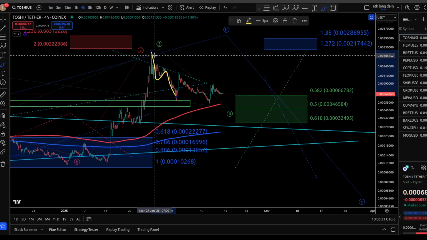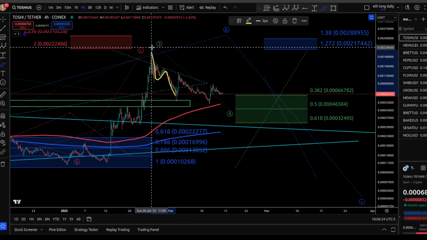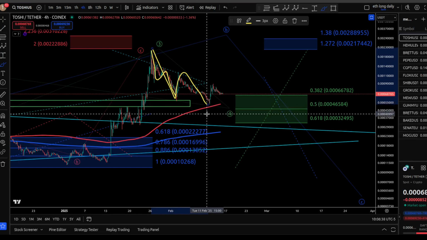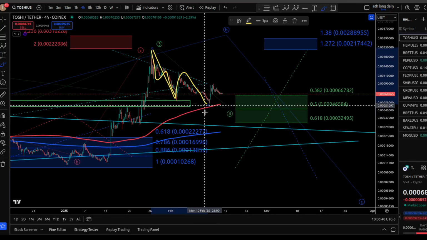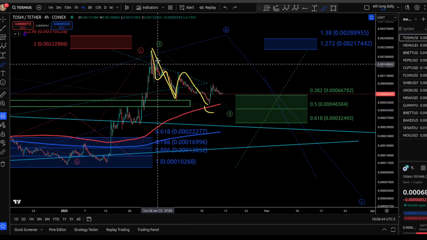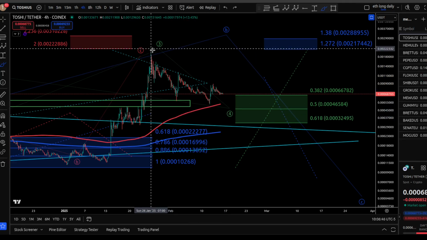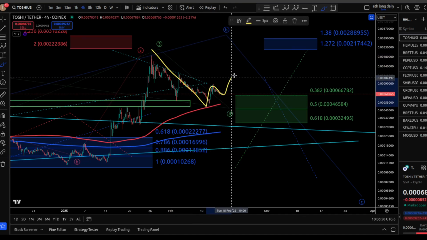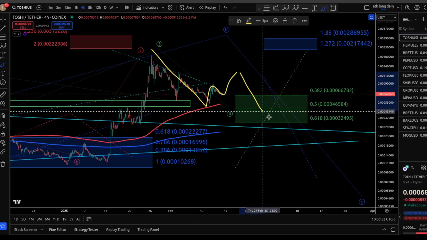Or this is just the A, this is the B, this is the C, and now we're done, and this is the fourth wave. Or all this is the A, we are going to do a B, and after that we're going to go lower.